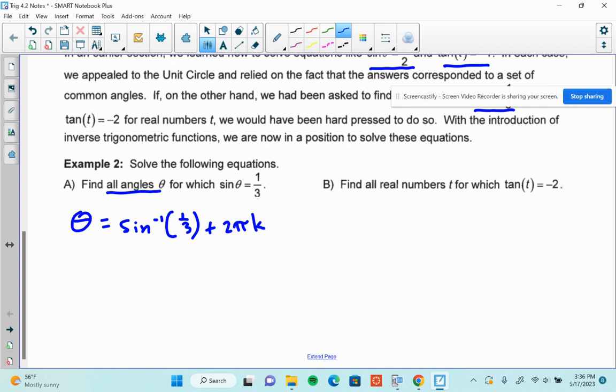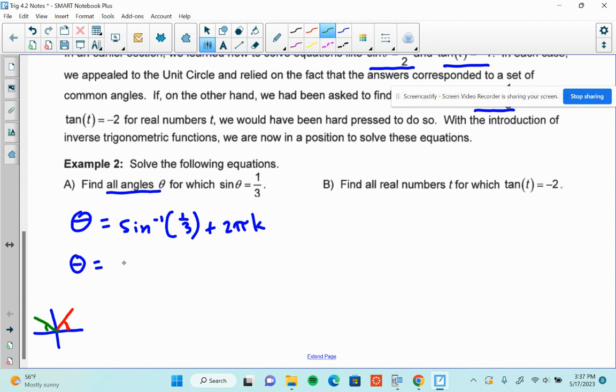So these give me first quadrant angles. I also need to, like I said, look at angles that are in quadrant 2. So remember how this works with our reference angle. If this is our first quadrant angle, right here, I have another one in quadrant 2 that has this same reference angle.